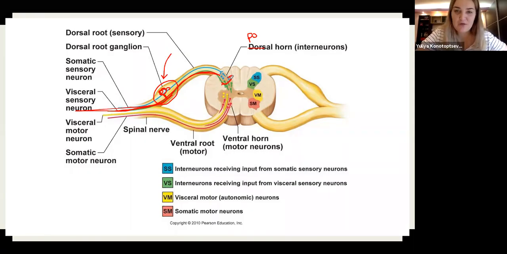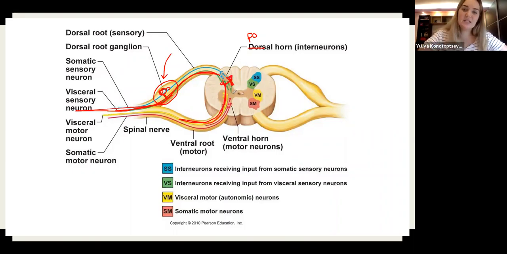Okay, so in the dorsal horn, these sensory neurons could synapse with two things: with interneuron or with the autonomic motor. The autonomic motor is the one which you don't control whatsoever, right? Interneuron, in turn, can synapse with somatic motor.